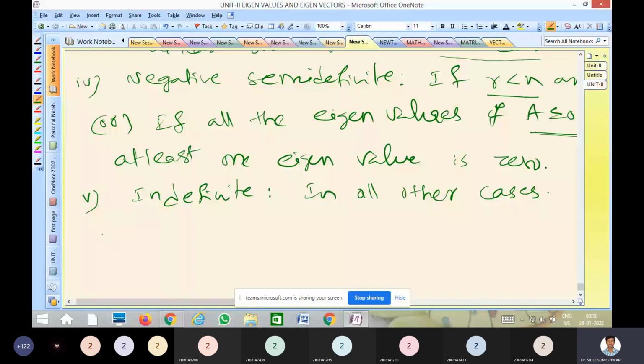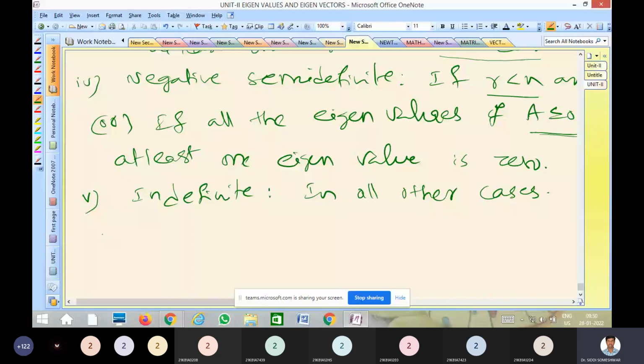So what it says here: the signature of quadratic form is invariant for all normal reductions.